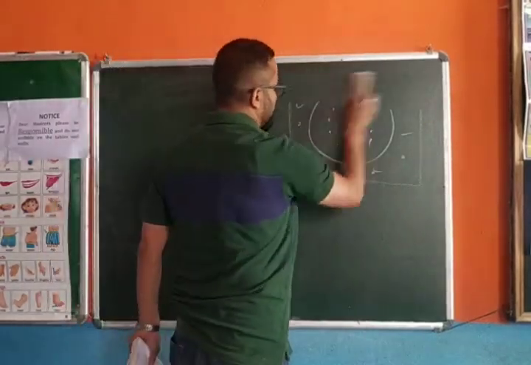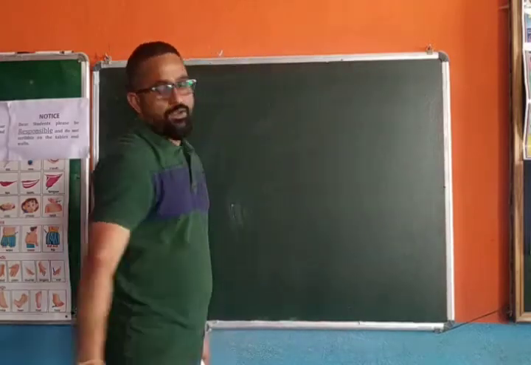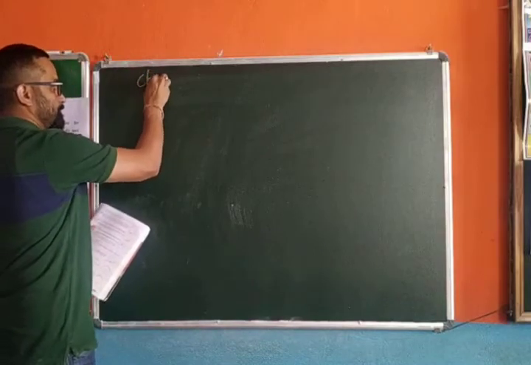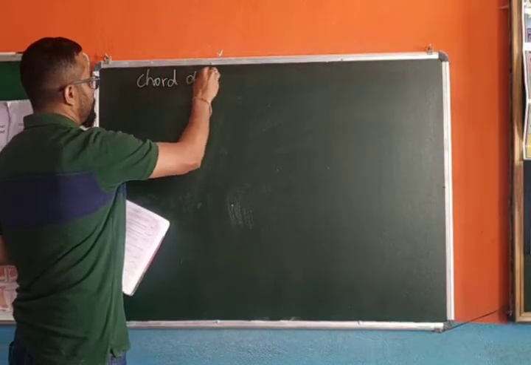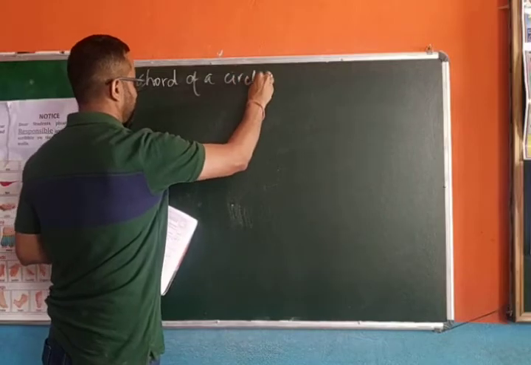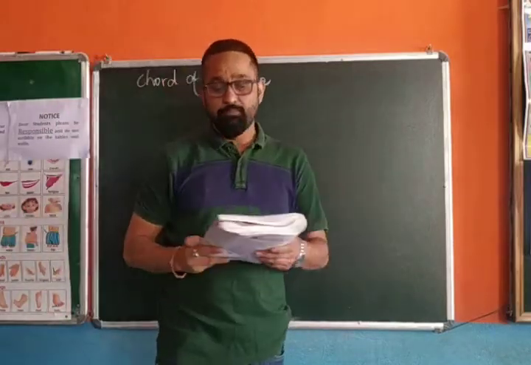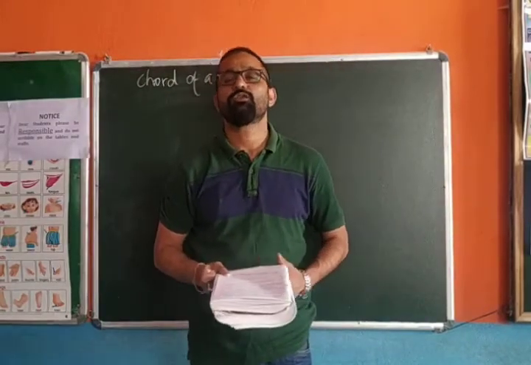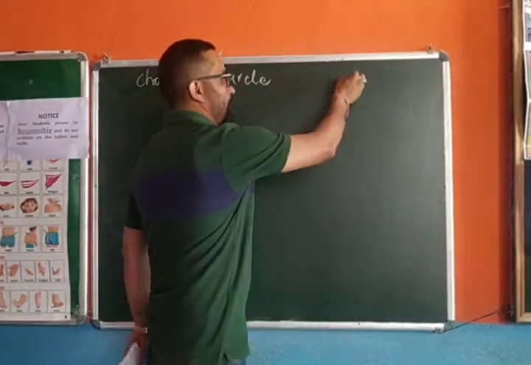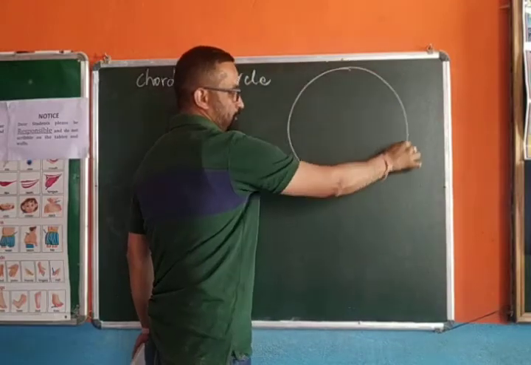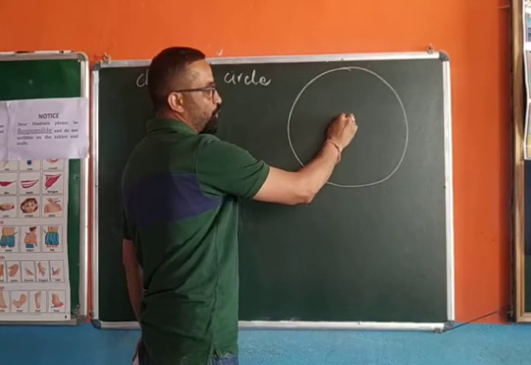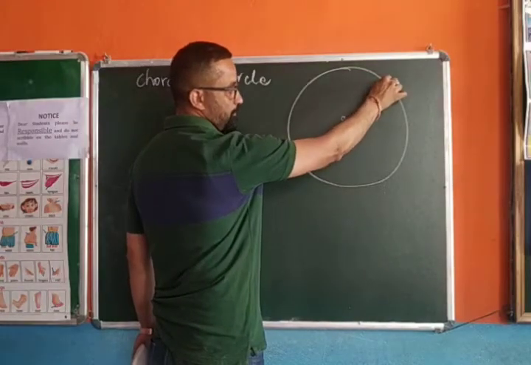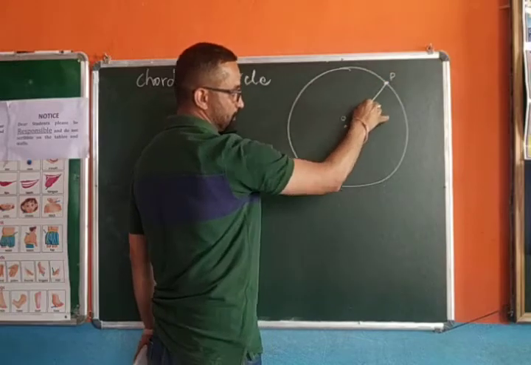Now the important term is called chord of a circle. A line segment joining any 2 points of a circle is called a chord. Circle with center O. The distance from the center to a point is known as radius.